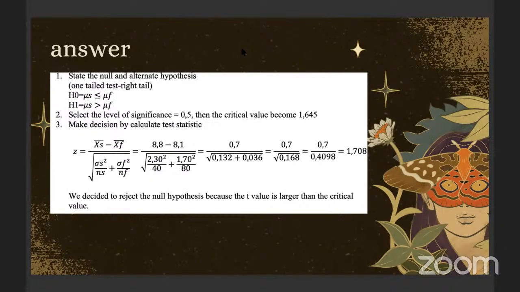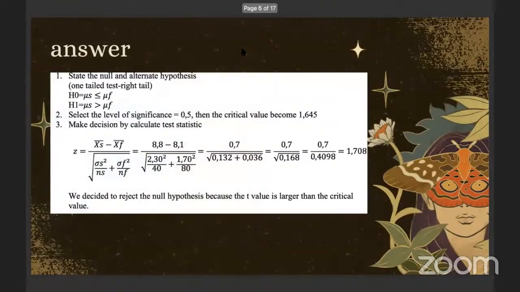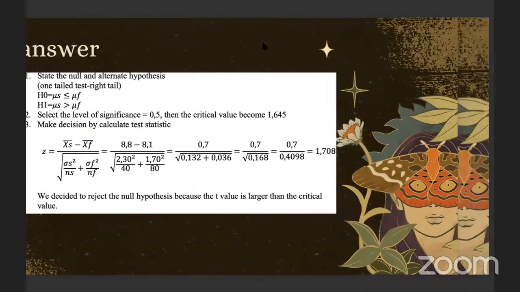The level of significance is 0.05, so the critical value becomes 1.645. We make the decision by calculating the test statistic using this formula based on the data from this table, and the z we get is 1.708. We decide to reject the null hypothesis because the test value is larger than the critical value.